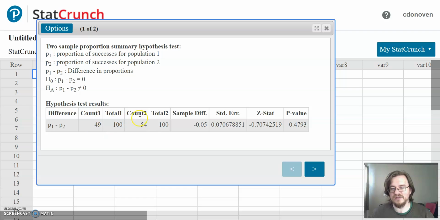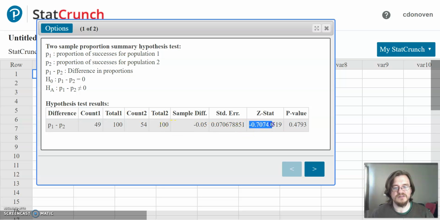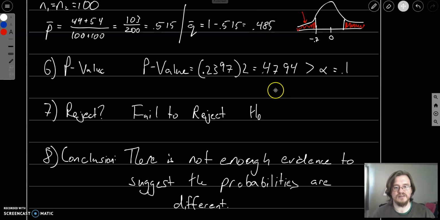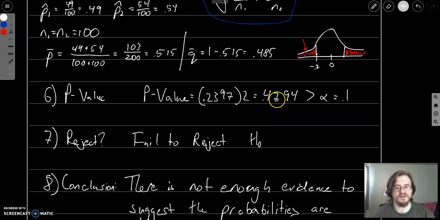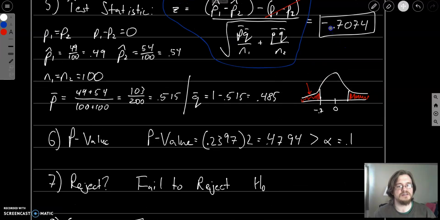Again, it lists the counts for both, for how many successes we saw, how many times we flipped both quarters. Our z-score and the p-value are exactly the same that we had calculated before. 0.4794, so there's a little bit of rounding, and negative 0.7074.